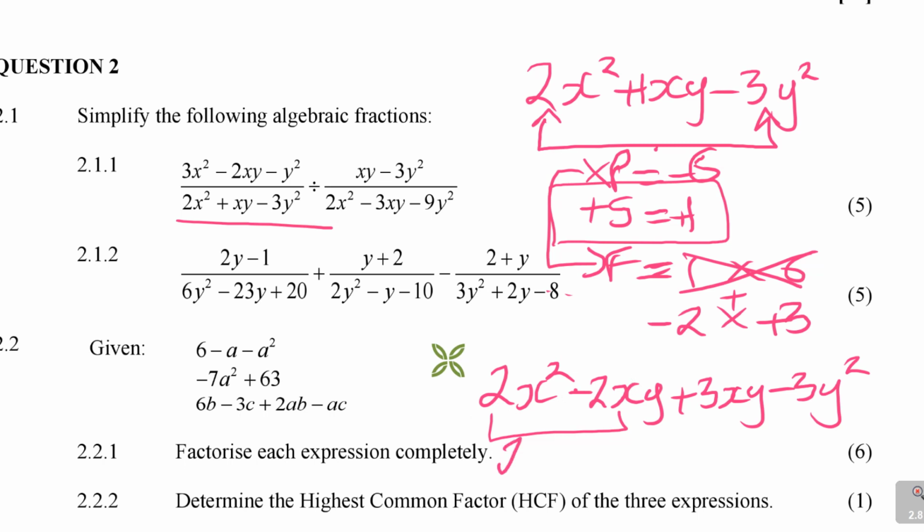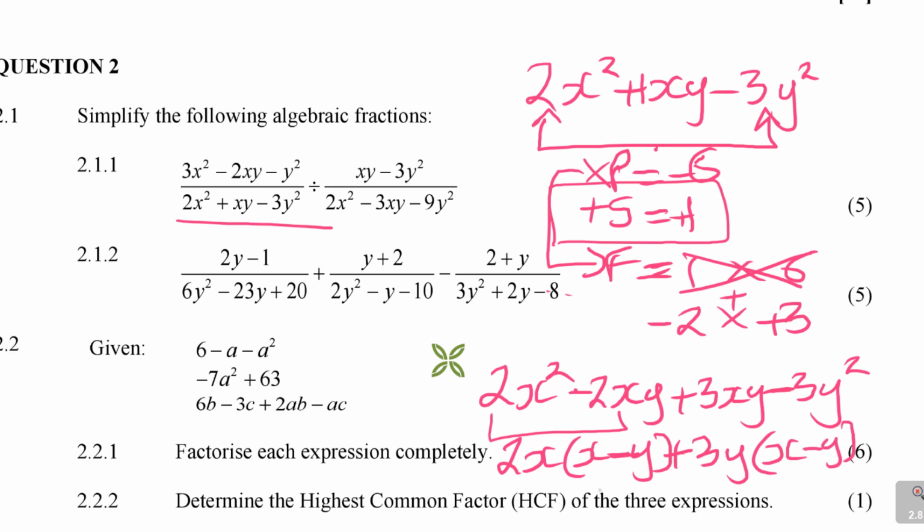When you group there, you've got 2x. So 2x into that, you get x, and 2x there will give you minus y. And then here, since this is negative there and we've got a negative, so we take out a positive, that won't change the signs. So positive 3y, and then what do I have? There it will be 3y, it will be x minus y.